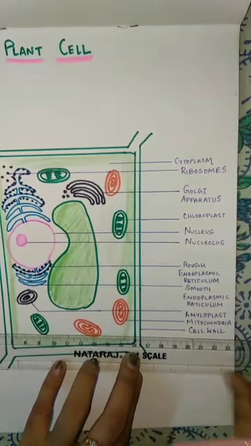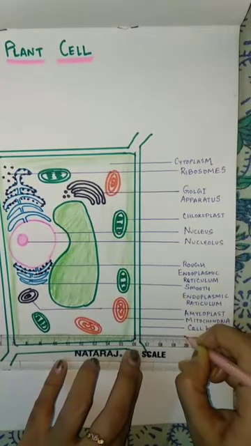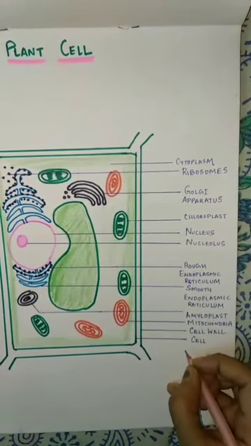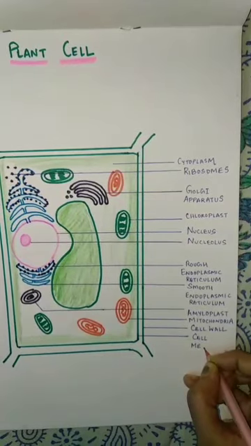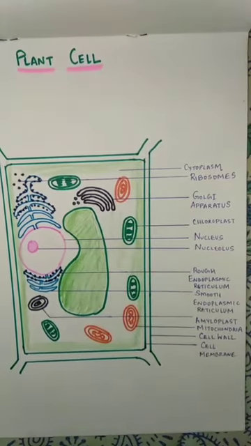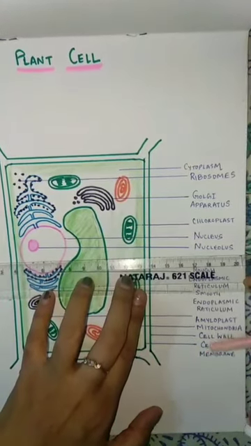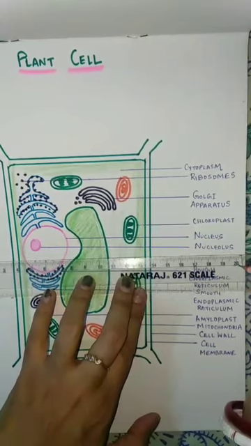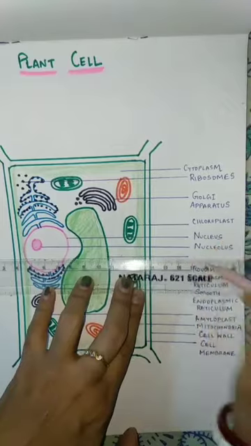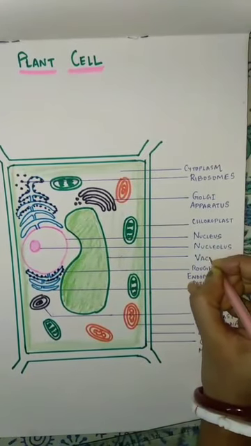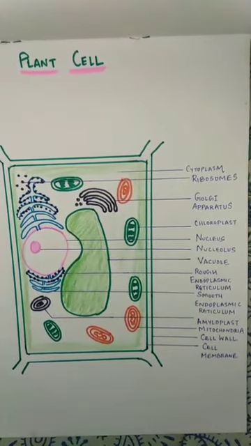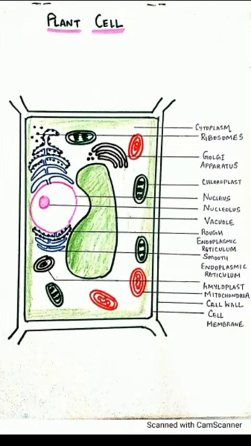Now cell membrane, you can also write it as plasma membrane. The last one is the vacuole. So this completes my diagram of the plant cell.